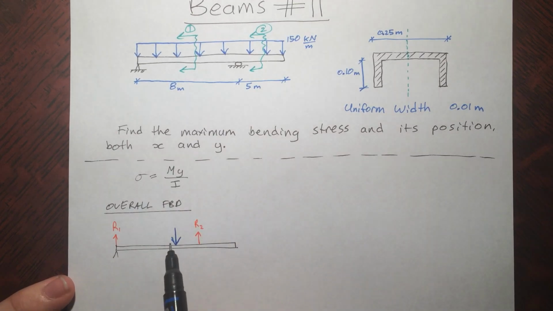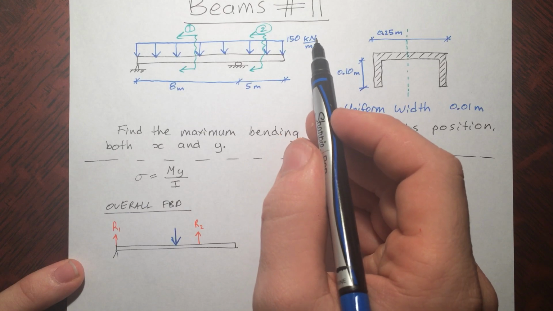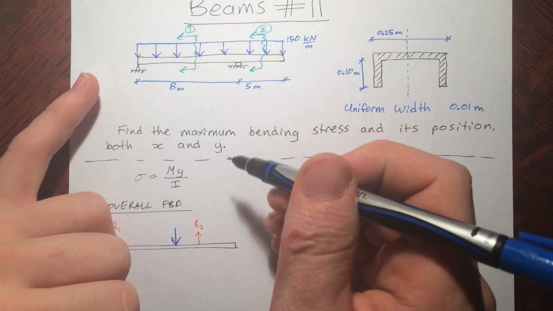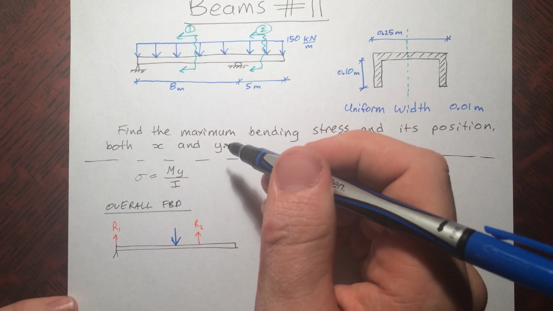Right, so the magnitude of this force is the 150 kilonewtons per meter times the number of meters, in this case 13. So 150 times 13.